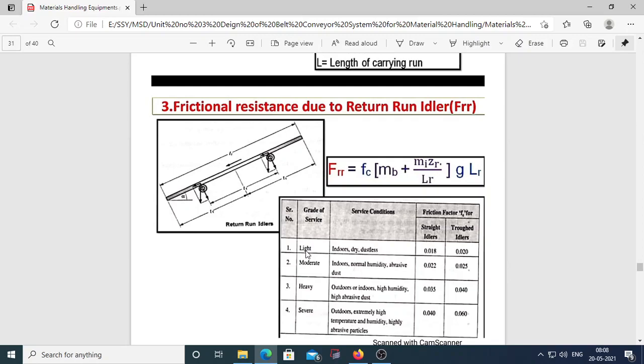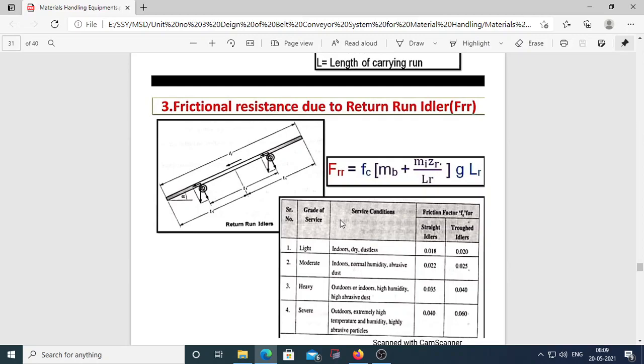If the grade of service is light, then the service condition is indoor, dry and dustless. Then if you are given the straight idler, the friction factor is 0.018, and for the trough idler it is 0.020. Then there are moderate, heavy and severe grades. You have to remember these service conditions and choose the friction factor from the given table.